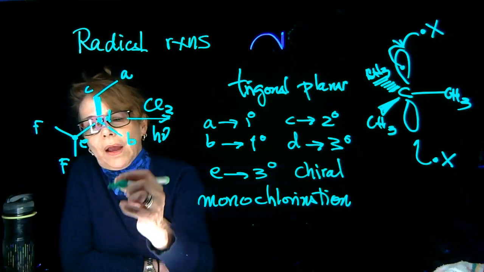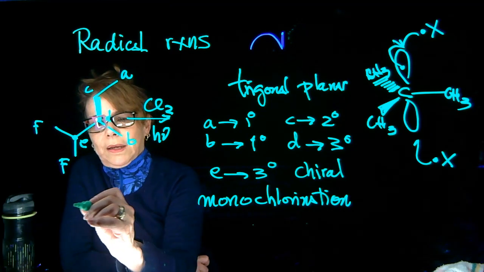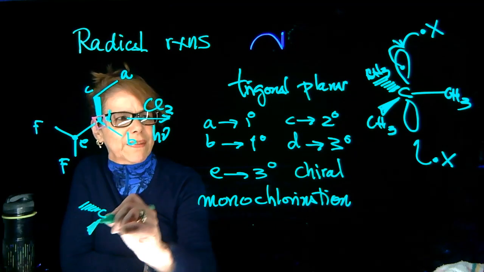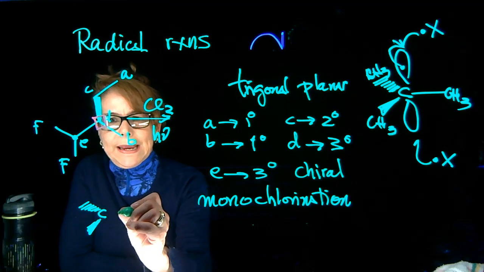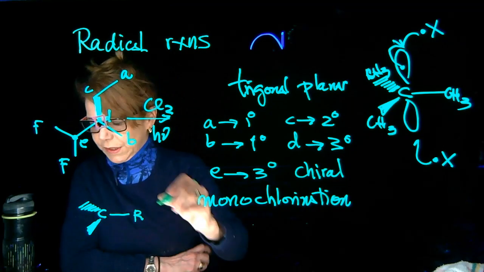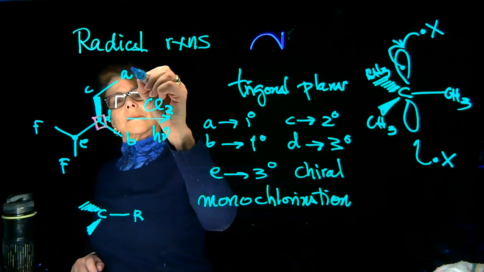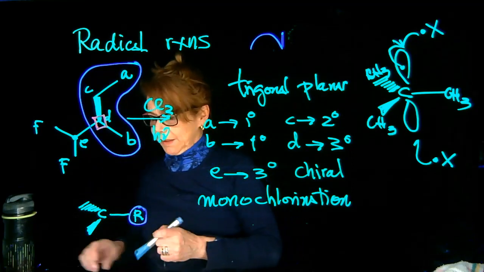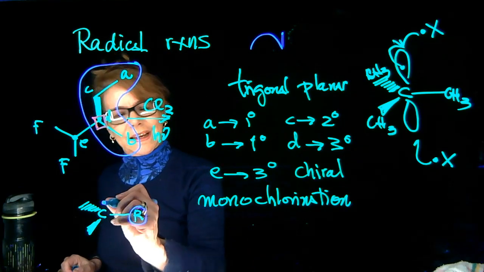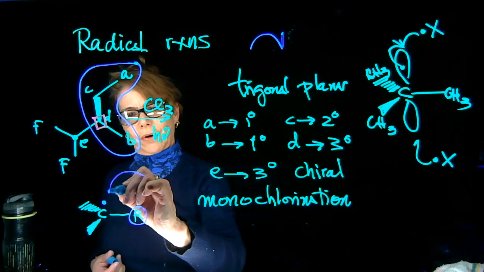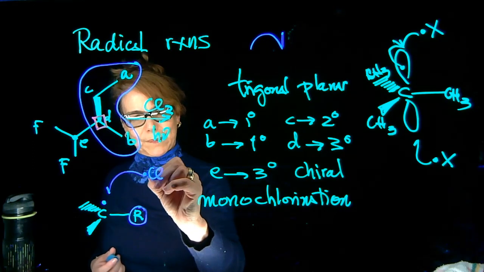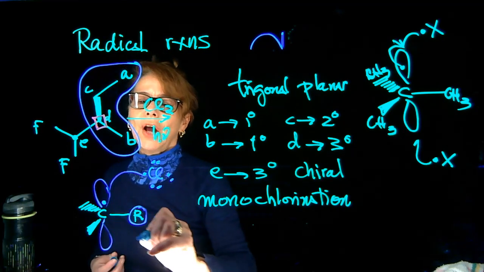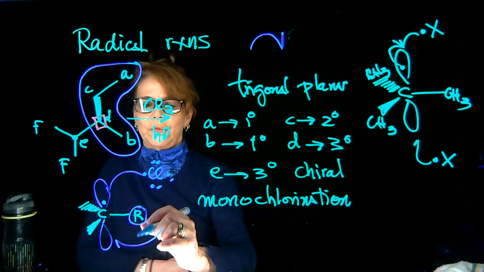And if you think, if you're making a radical here, we can draw it similar to what we had on the board, on that side, we will have 2 methyls, and we will have 1 bond, and I'm gonna call all of these R. But if I am making that radical, regardless of whether I have a chlorine attacking on this side, or if it does the attack on the other side, you're not gonna get a chiral center because you have 2 methyls.